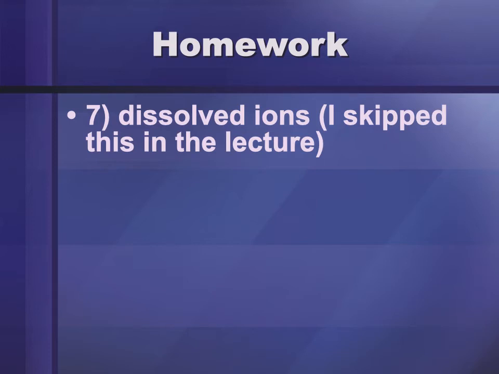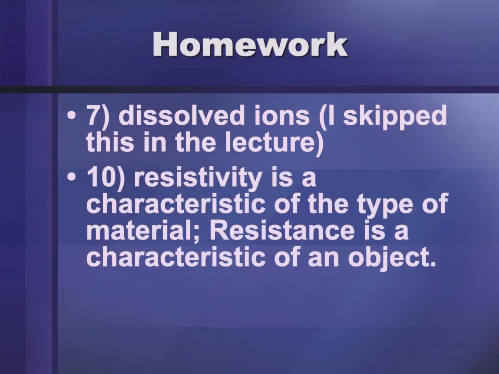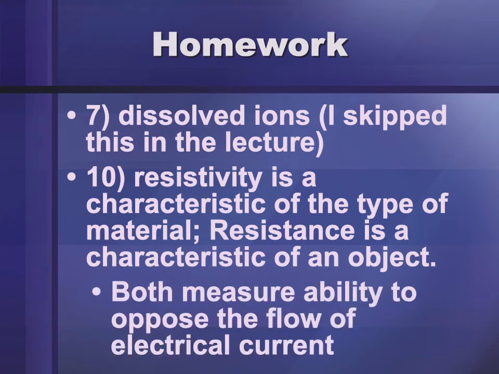Number 10, discuss the difference between resistance and resistivity. Resistivity is a characteristic of the type of material. Resistance is a characteristic of an object, but both of them measure the ability to oppose the flow of electrical current. So the resistance is for the object, the resistivity is for the material.